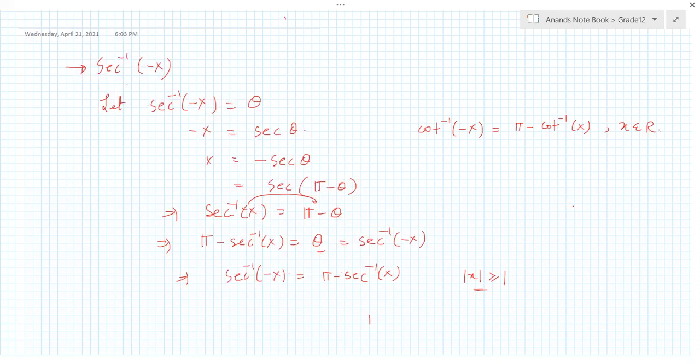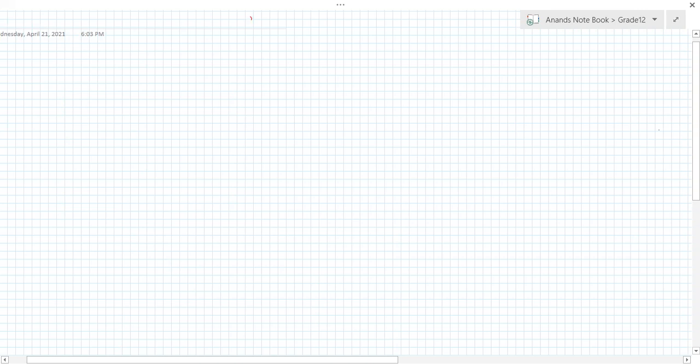Okay, so we will just pause for a minute here. I will try to take some numericals which we can do. For example, a simple thing: find the value of cos inverse of cos 2 pi by 3.